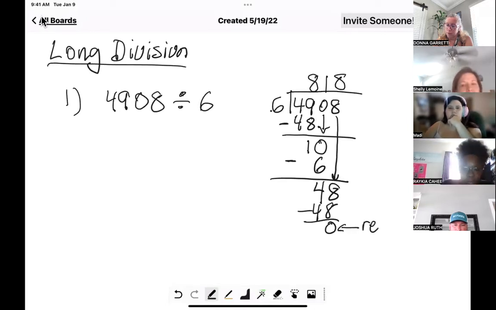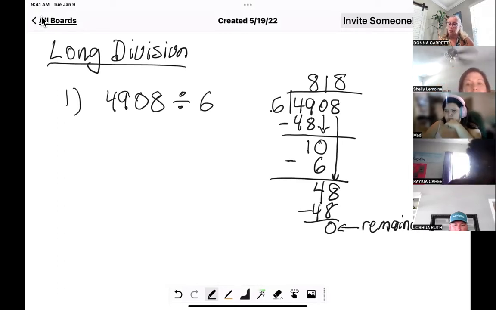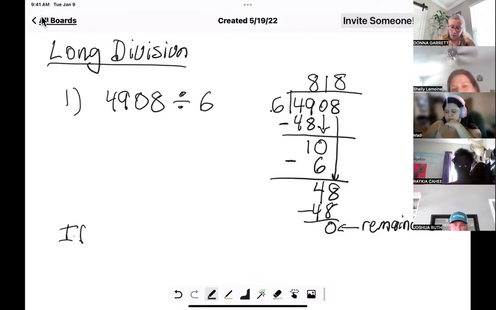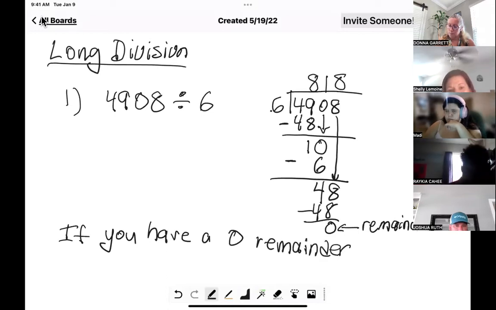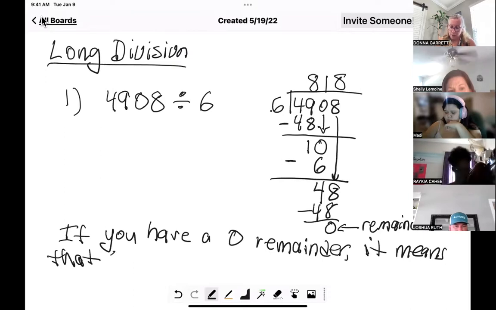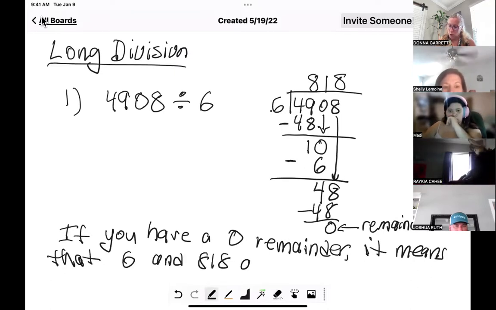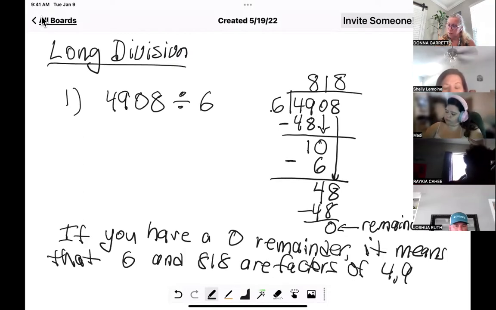This is called your remainder. A 0 remainder is beautiful. If you have a 0 remainder, for this particular case, it means that 6 and 818 are factors of 4,908.